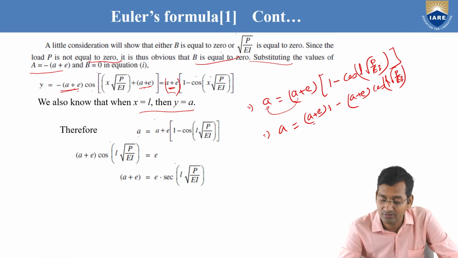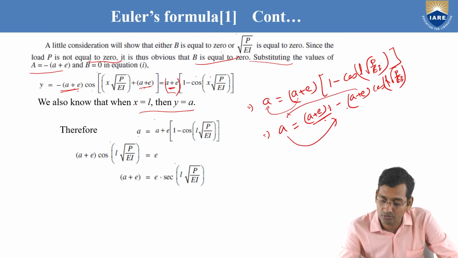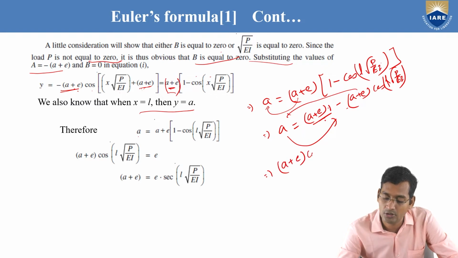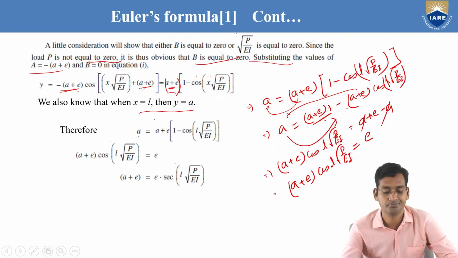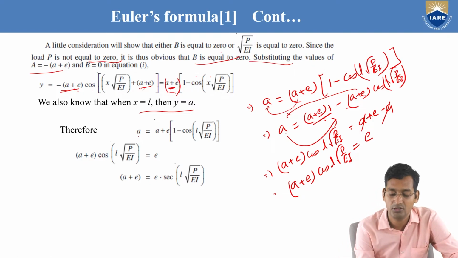Now taking this to this side so that it becomes positive, A plus E cos L root P by EI equals A plus E minus A. So A cancels, and A plus E cos L root P by EI equals E.